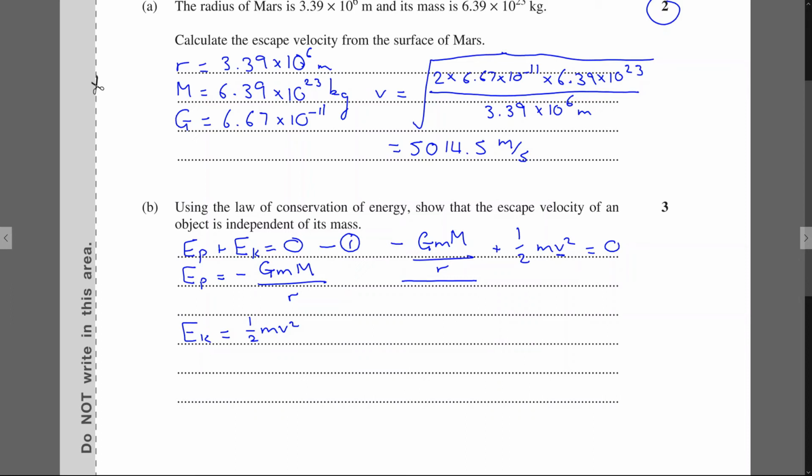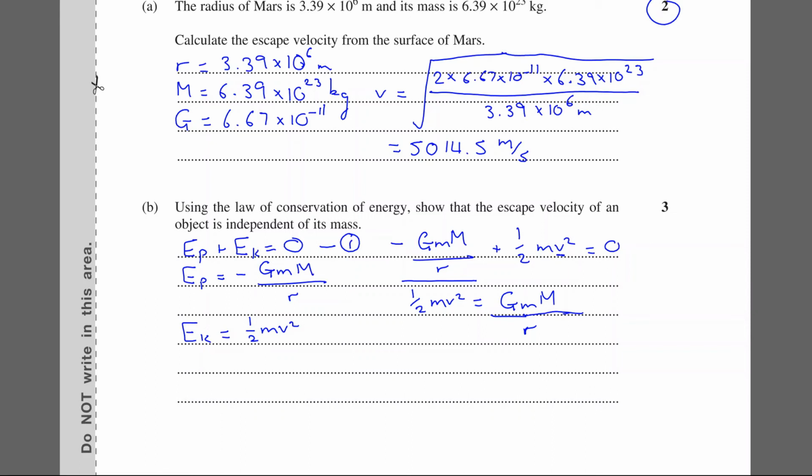So we get half mv squared equals G M m over R. Cool. So that was the first thing to do, to get the gravitational potential energy over to the other side of the equation.